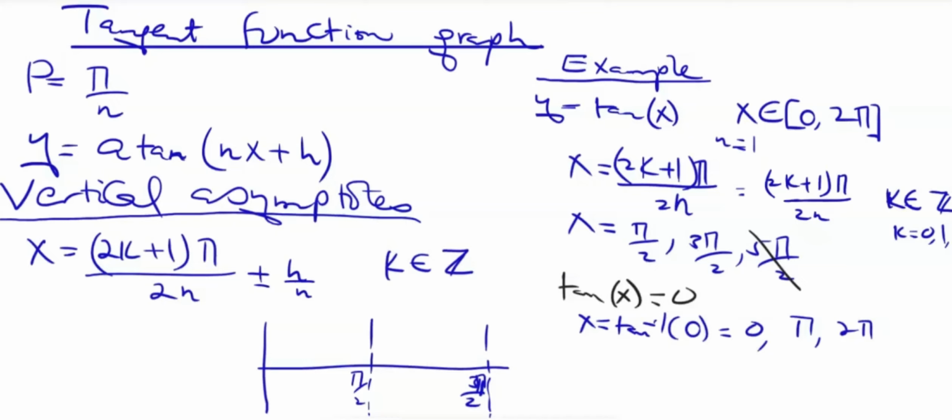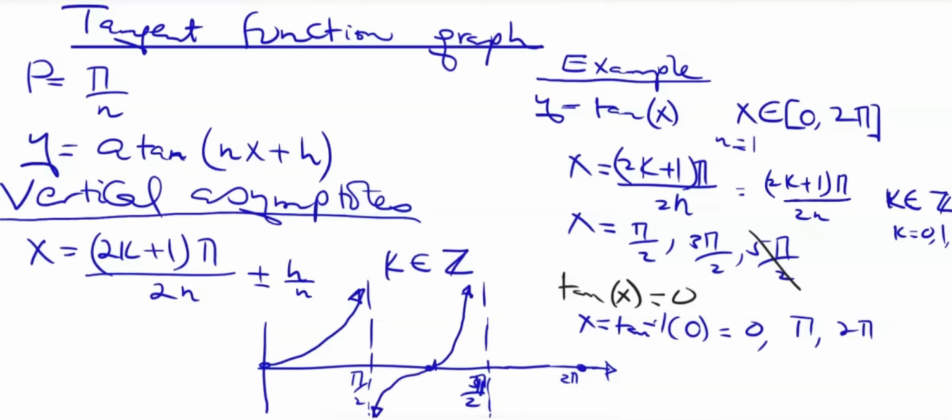And my x-intercepts are 0, pi and 2 pi. So I need to indicate that the graph goes up along the asymptote and the other bit goes along the other asymptote.